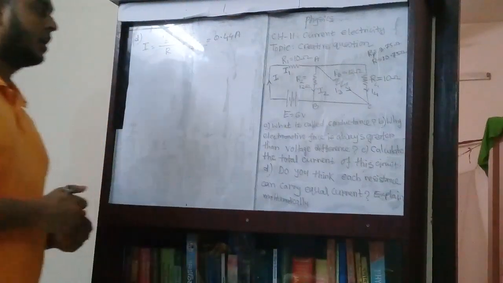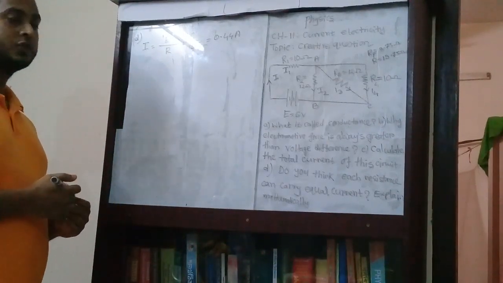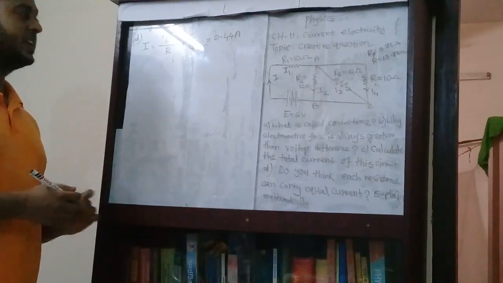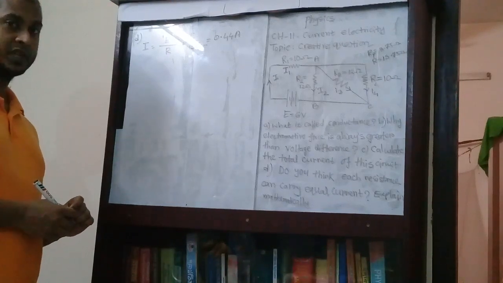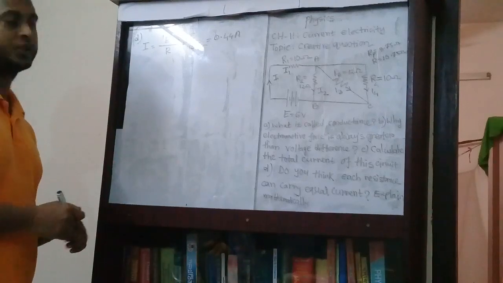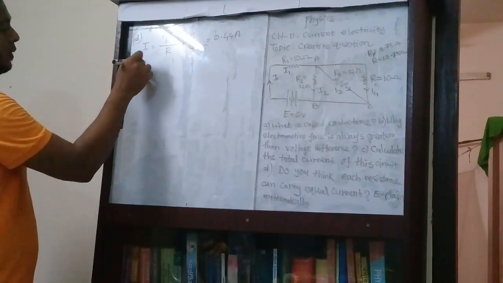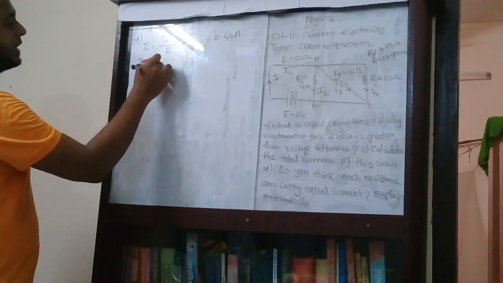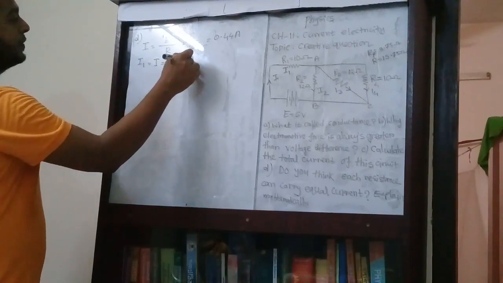You see, when the battery produces I amount of current, this total I amount of current flows through the resistance R1. So when total current flows through the resistance R1, I1 will equal I, and this I will also equal 0.44 ampere.